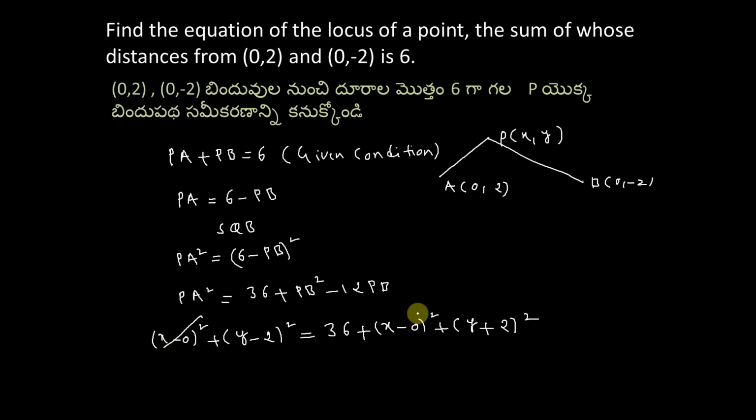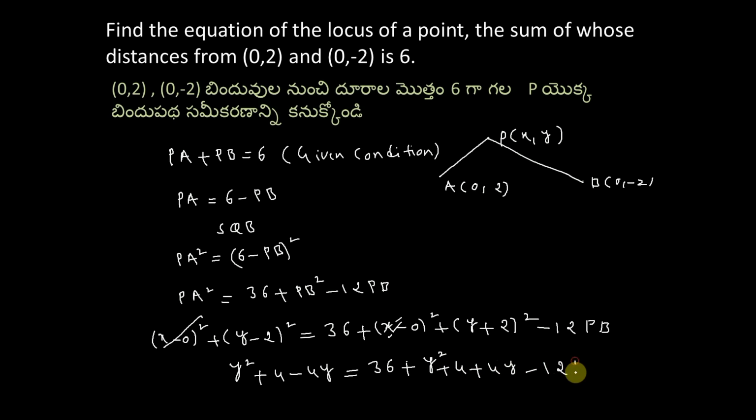On both sides, similar terms x minus 0 whole square gets cancelled. We expand this. I can write y square plus 4 minus 4y is equal to 36 plus, again here also expand this, minus 12 PB will be written down as it is here. After that, this is y square plus 4 plus 4y.